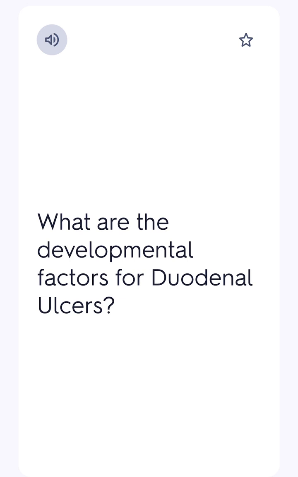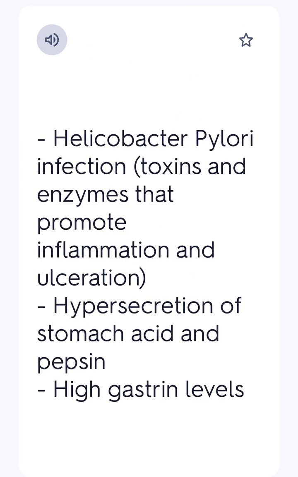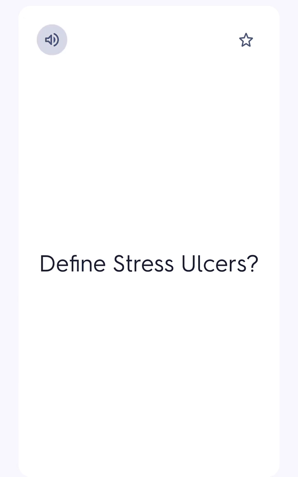What are the developmental factors for duodenal ulcers? Helicobacter pylori infection, hypersecretion of stomach acid and pepsin, high gastrin levels. Define stress ulcers.